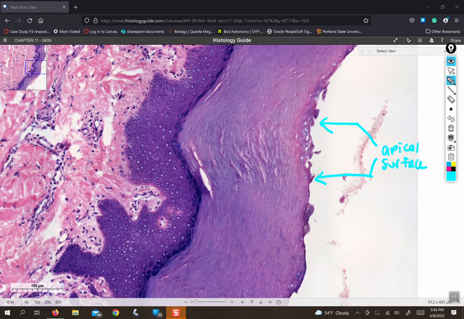So since this is thick skin, and I'm going to use the highlighter function here, what we are doing is looking at this layer. I'm going to highlight the layers in different colors and then I will label them. So just bear with me for one moment.